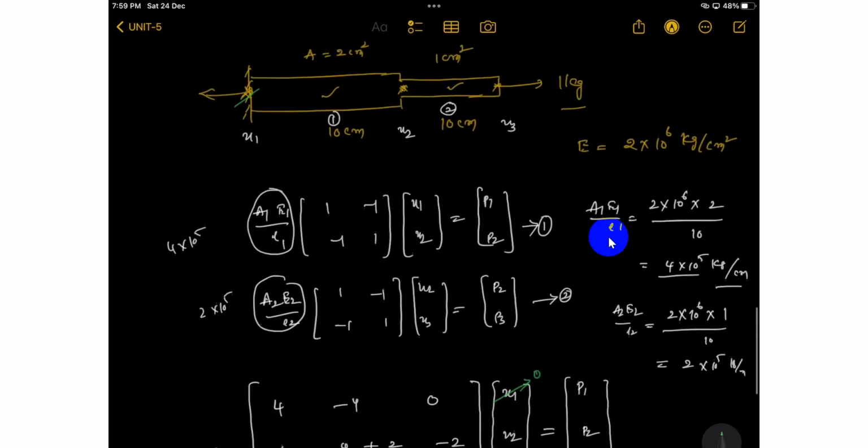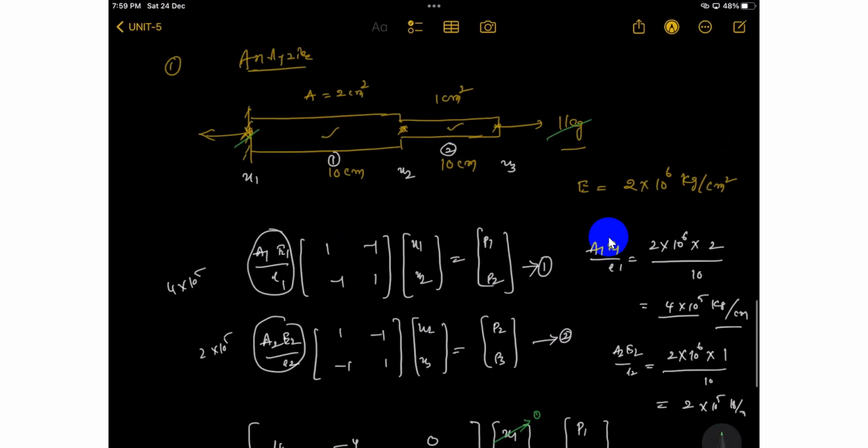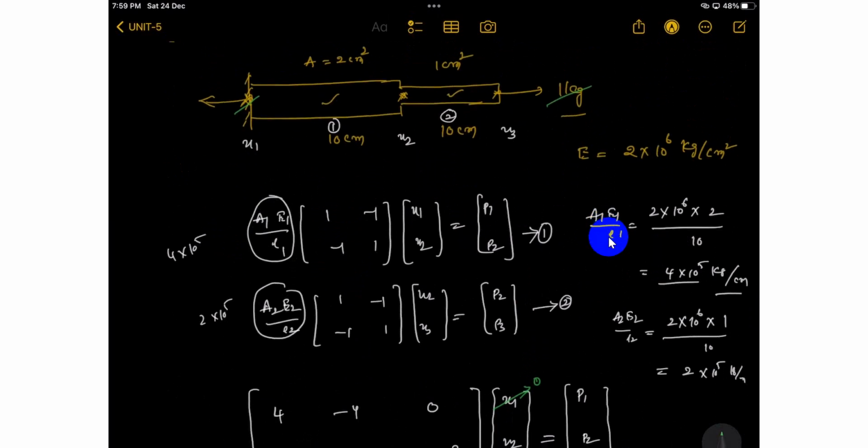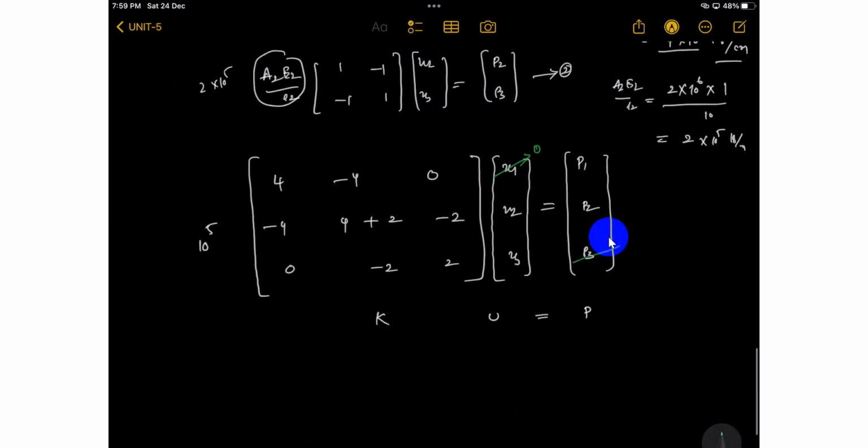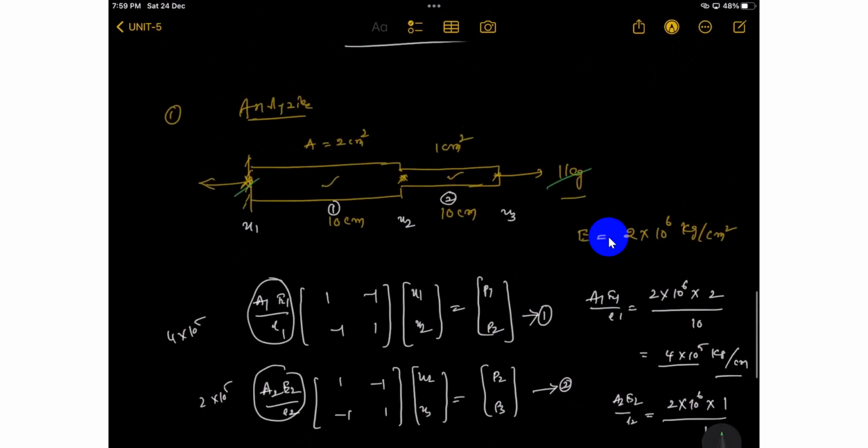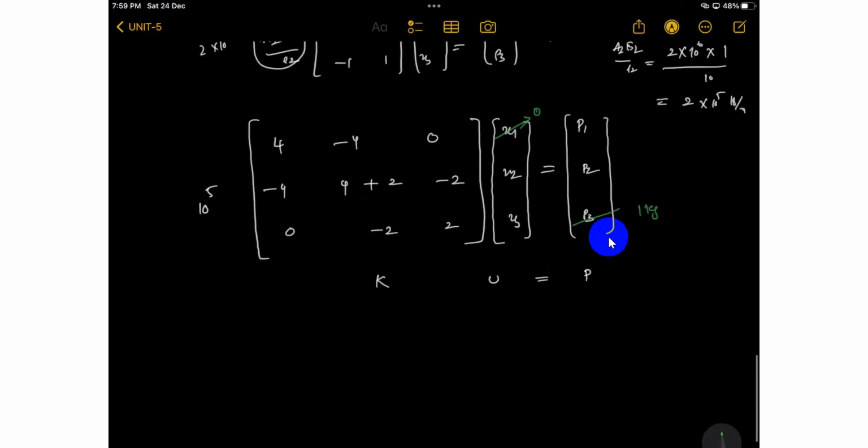Also p3 is 1 kg in the same direction, the right side direction. And there is no load at p2, so p2 is 0. Those are the boundary conditions.